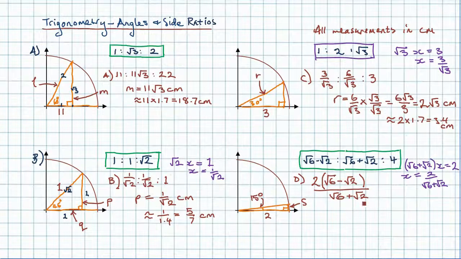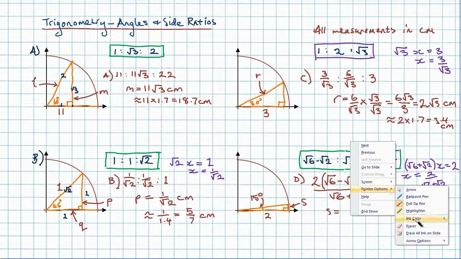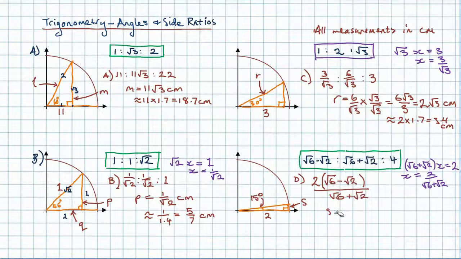Okay, so S must equal, well, I'm going to, as I say, make this approximate immediately because otherwise we're going to get into some complicated surd calculations. So approximately equal to 2 times root 6.